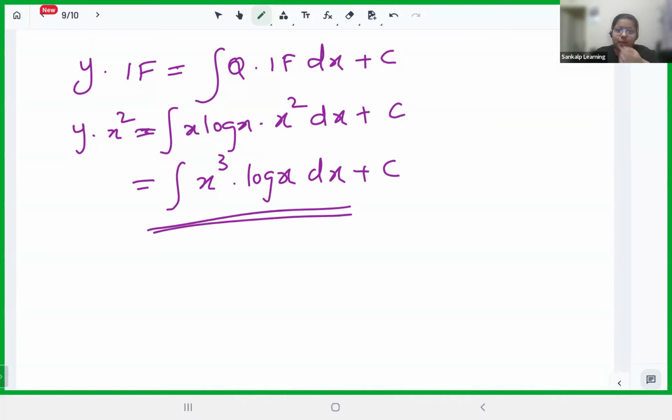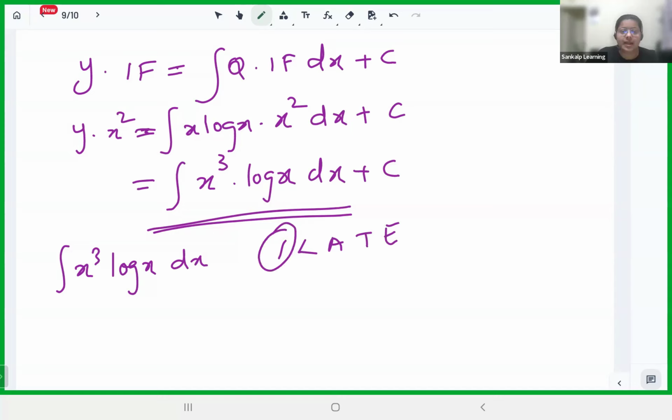Before proceeding with integration by parts, first we have to check whether this follows the ILATE rule. What is it? I means inverse trigonometric function, L is logarithmic function, A is algebraic function, T is trigonometric function, and E is exponential function.